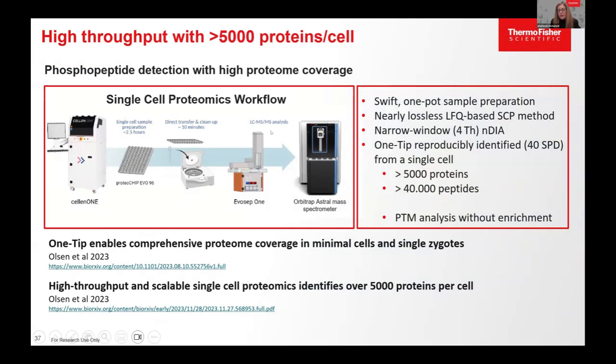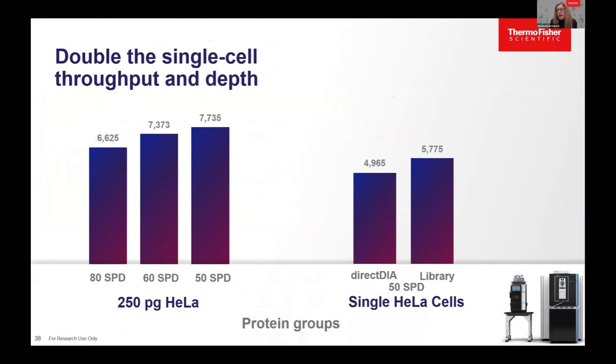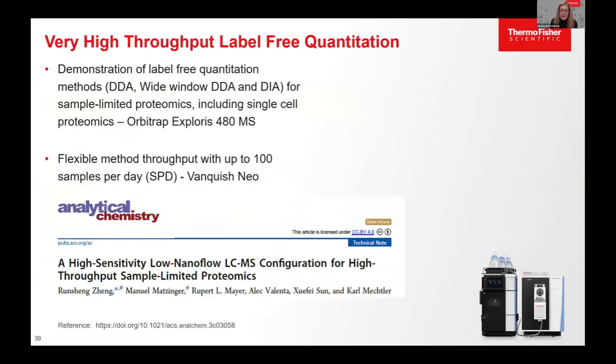We also have a high-throughput 50-samples-per-day workflow on the EvoSep that goes onto the Astral, with more than 4,000 proteins from a single pillar cell. And you have the option to do library-based or direct DIA, but you always get 5,000 or more using a single cell, or even more than 7,000 proteins at 250 picogram HeLa digest.